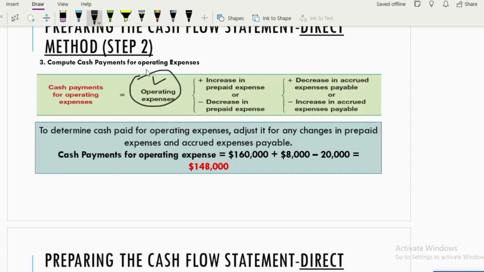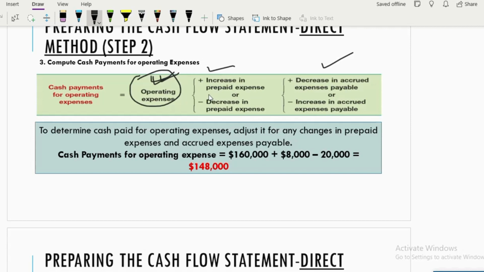So if you remember the statement in the notes which they have provided us, they said prepaid expenses and accrued expenses are relevant to the operating expenses. It means that we have paid future year expenses in advance, that's why we have prepaid expenses, and some of the expenses for the current year we did not pay in cash, that's why we have accrued expenses payable, a liability.